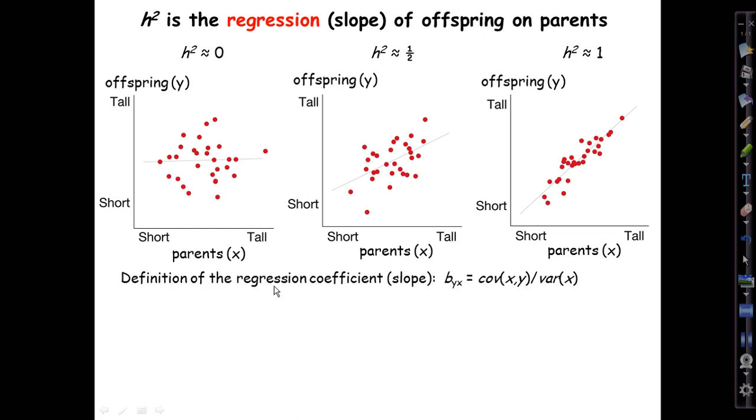The definition of the regression coefficient, the slope in these kinds of plots, often abbreviated as B of y on x, is the covariance of x and y over the variance of x, that is, over the variance of the parental variable here. The covariance, you can look it up online or anywhere.